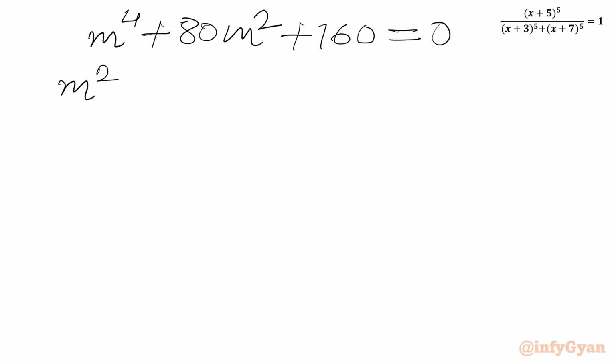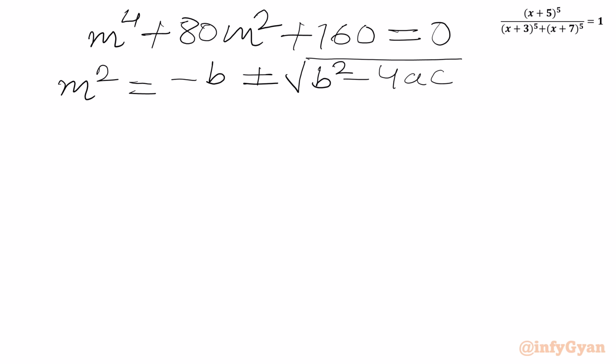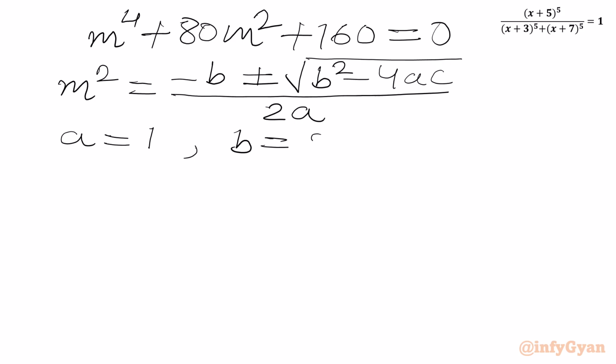I will calculate m square directly, which will be equal to minus b plus minus square root of b square minus 4ac over 2 times a. Here a is the coefficient of m power 4, which is 1, b is the coefficient of m square, 80, and c will be the constant 160.